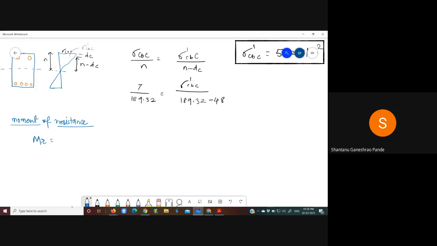It is equal to half sigma CBC B into N, this is the force C1, multiplied by lever arm D minus N by 3, plus we will now consider C2, that is 1.5 M minus 1 ASC into sigma dash CBC into D minus DC.